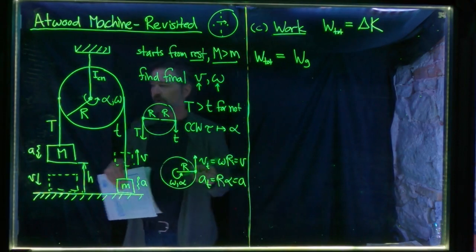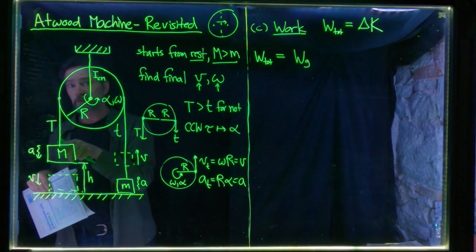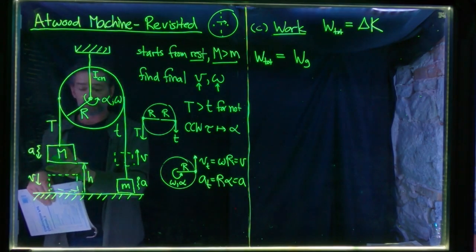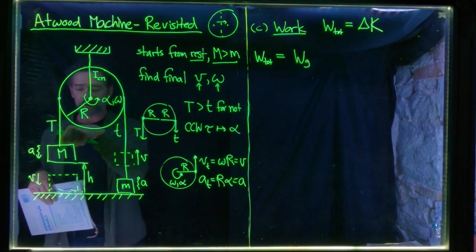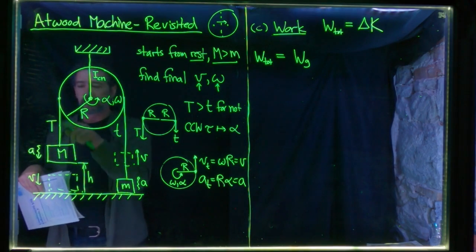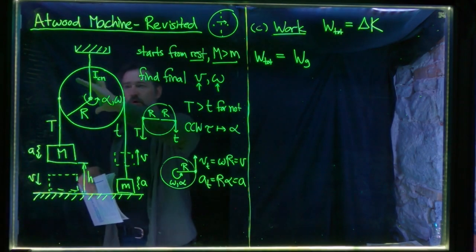There's also, in this system, this rope under tension T, which means that there's a force on big M that's upwards as M is displaced downwards. So that T is doing work. It's transferring energy. And this tension T is also being applied at this point, and so it's exerting a counterclockwise torque.